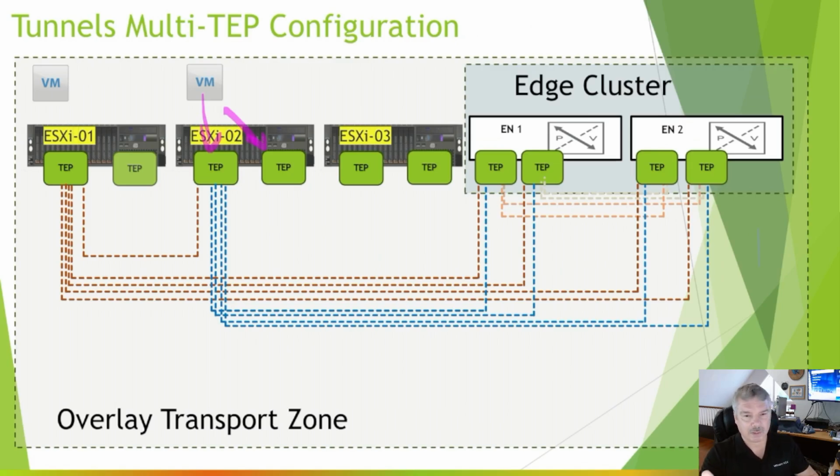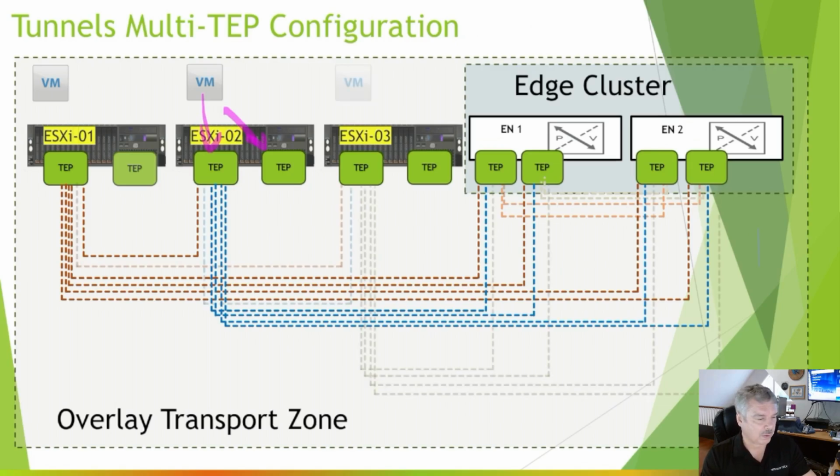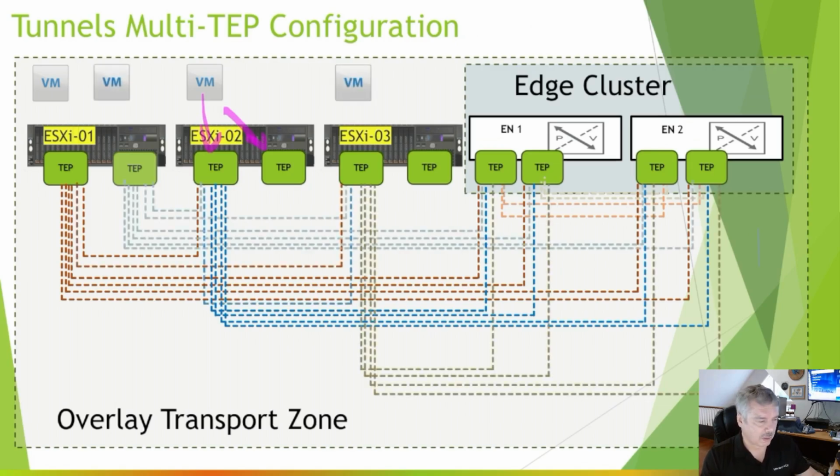We've seen in my example when I turned on two VMs, there's a possibility that both VMs may go to a single TEP. Hey, it could happen, right? But you probably got more than two VMs running on the host, so I don't think you're going to run into that in production. But hey, it could potentially happen. I've seen it here. But if you got 40 VMs, I don't think that's going to happen.